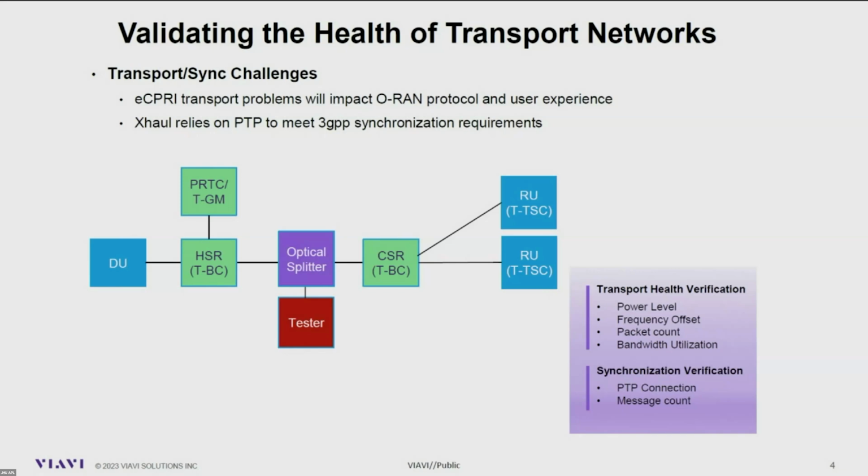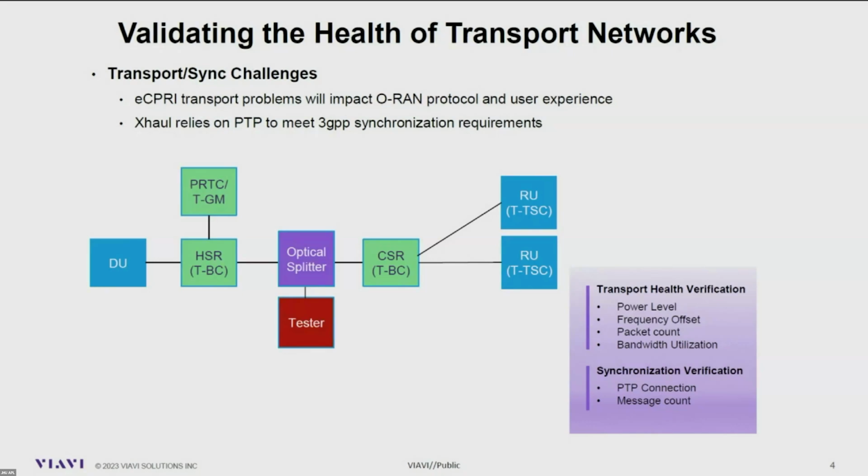Just to make the point, we have the RU, DU, a cell-side router, a hub-side router, and the grandmaster. The RU is here a telecom slave clock, and these routers are boundary clocks, so they are operating that way.